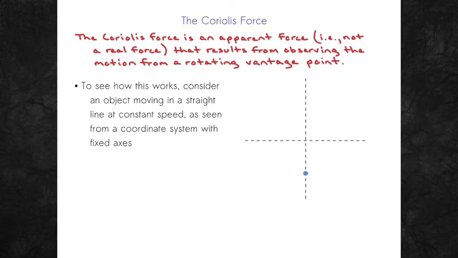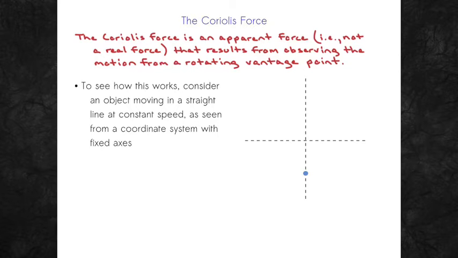And because he's going around in circles, his perspective on the motion is going to be continually changing. And so as a result, even something that in reality is moving in a straight line, to this person who's rotating around in a circle and viewing it from different vantage points, it's going to end up looking like that object follows a curved path. And so that's what we're really talking about here. It's not actually a physical force. It's an artifact of observing the motion from a rotating reference frame.